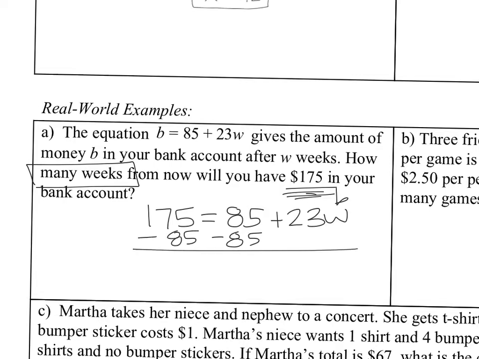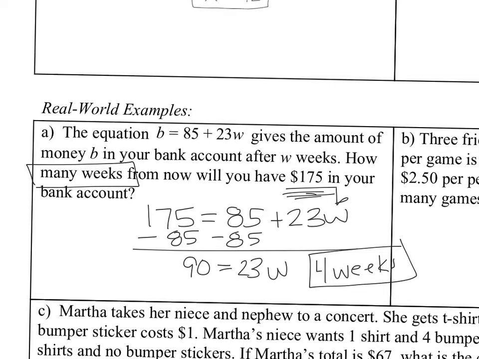So I do 175 minus 85, and I get 90. So 90 equals 23W. And that is about 3.9 weeks. So I'm going to round to the nearest. The next week is going to be 4 weeks. So you always want to answer with a unit. So after 4 weeks, I'll have that much money in my bank account.